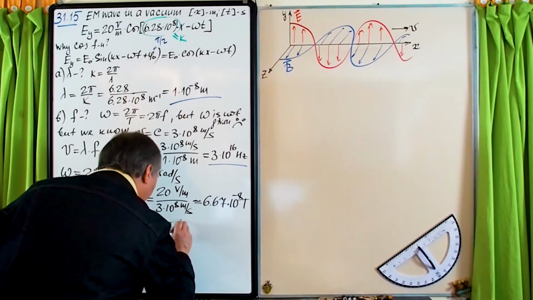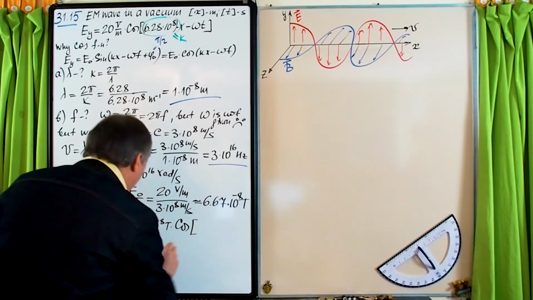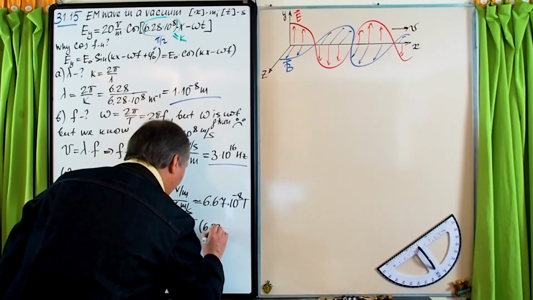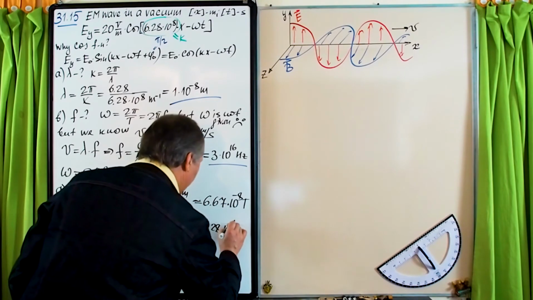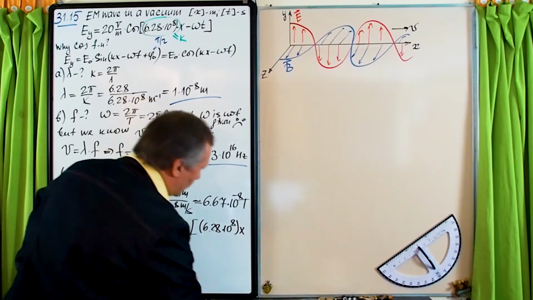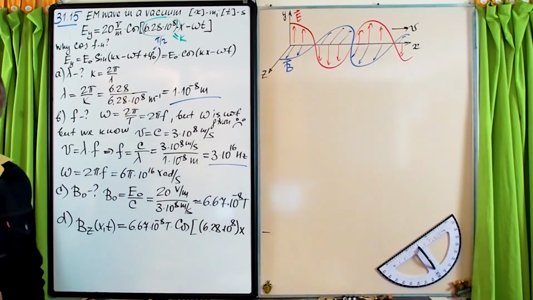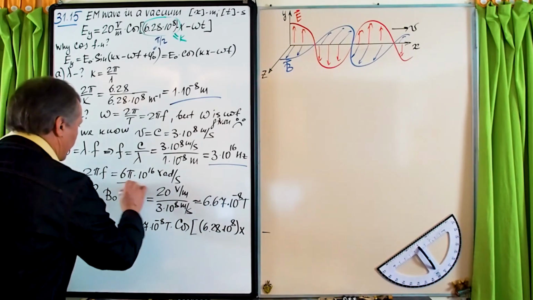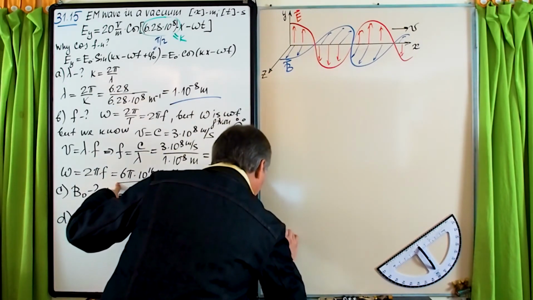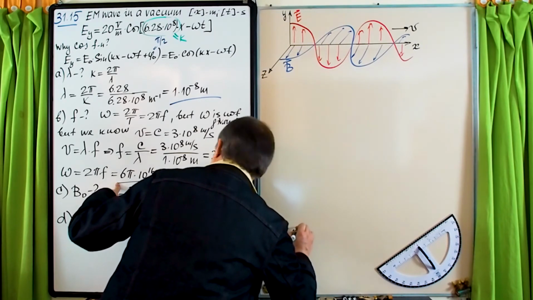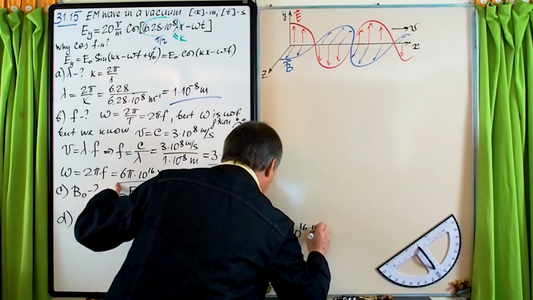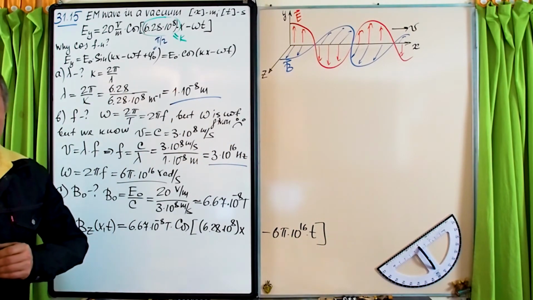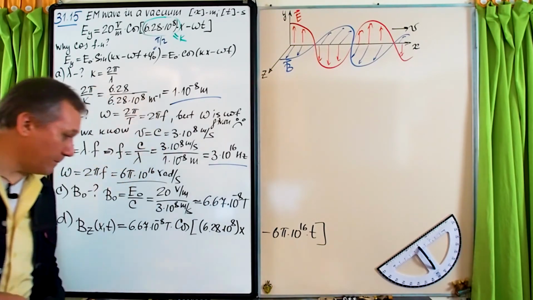So it will be cosine of k, okay, it looks like I'm running out of space, 6.28 times 10 to the power of 8 x. Oh, maybe I can continue on that side of the whiteboard. Minus omega, omega is here. So it will be minus 6 pi times 10 to the power of 16 times t. Right. So that is the expression for the traveling magnetic field wave.